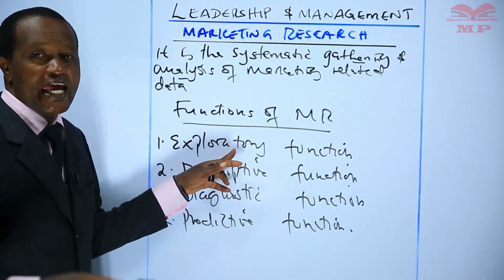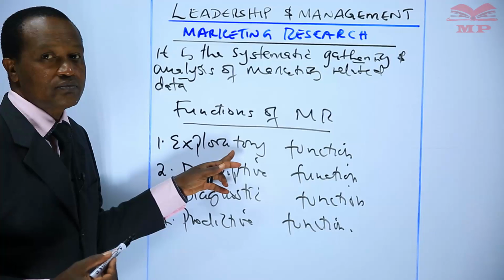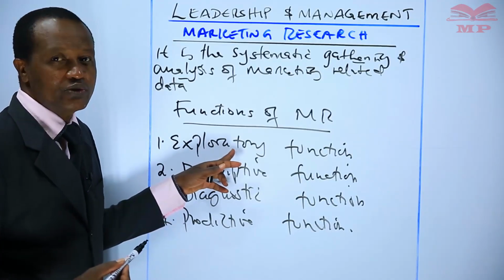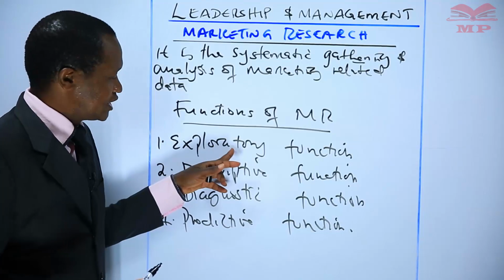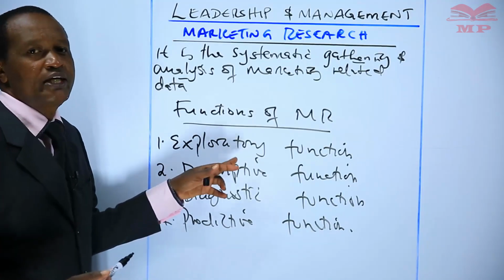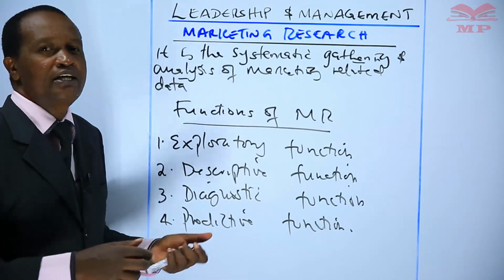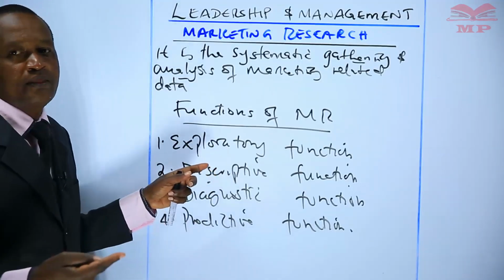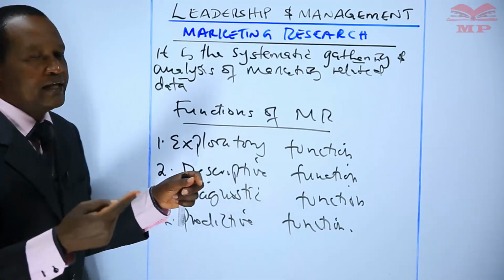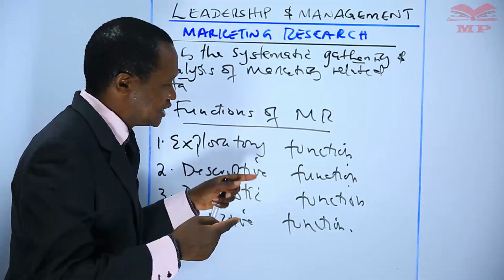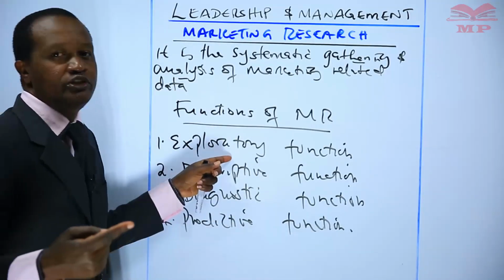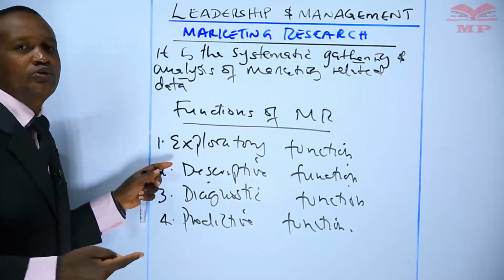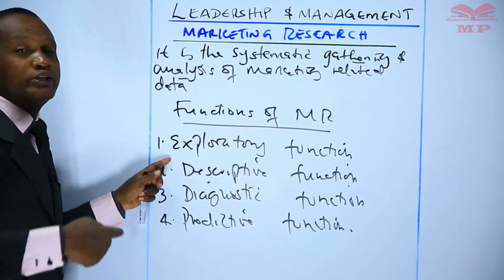From the word explore. Now, candidates, the exploratory function of marketing research occurs when researchers have a limited understanding or knowledge, or no knowledge at all, about a marketing situation or a particular outcome.